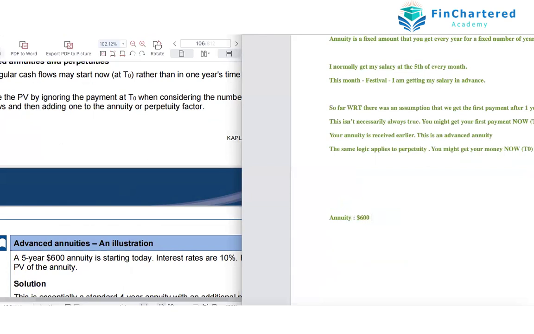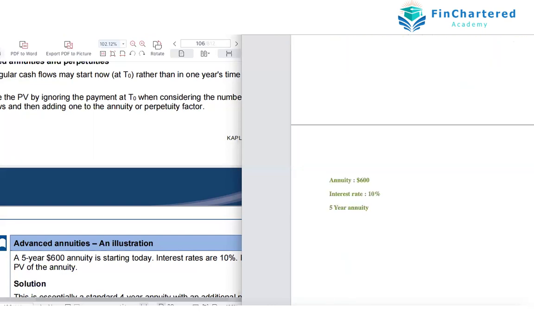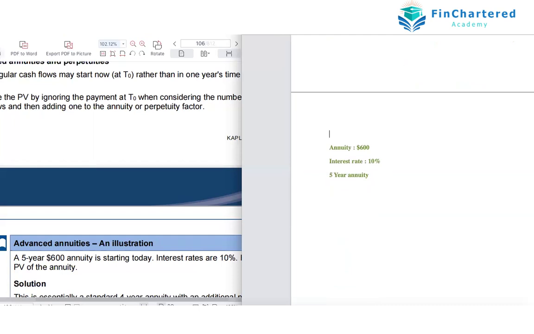We know the interest rate is 10%, and we know it's a 5-year annuity. This is something we've already calculated. So you can easily calculate the annuity factor and you can easily get the present value normally. But the only difference in this specific chapter is what?